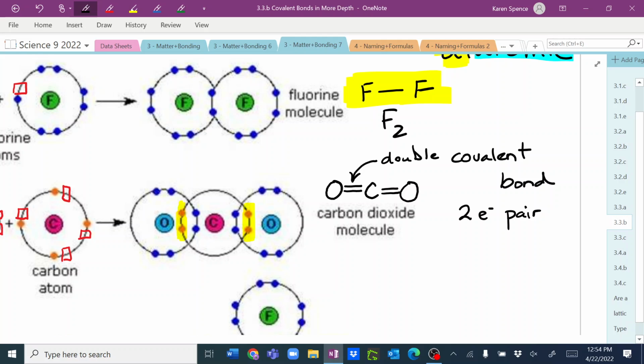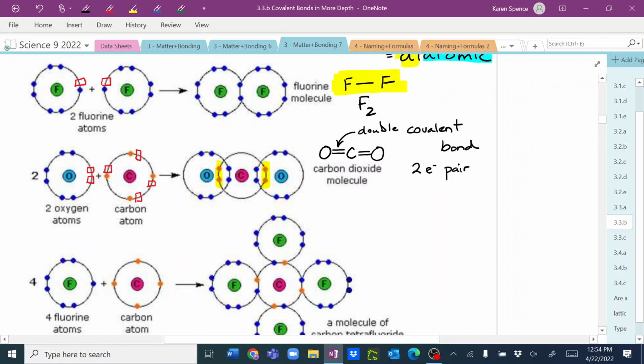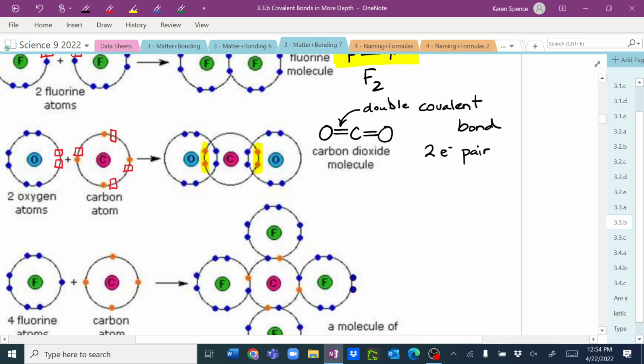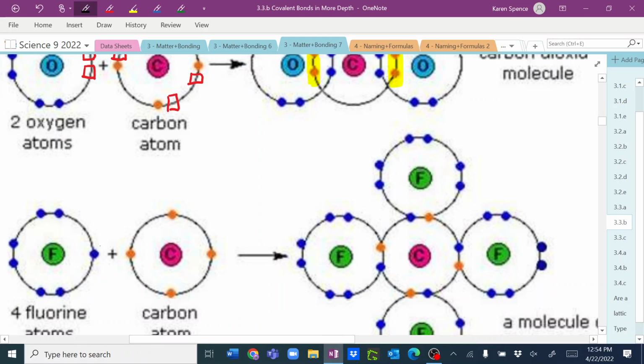And then finally, down at the bottom of the page, we have carbon and fluorine. But you'll notice that fluorine only has one unpaired electron, right? So it can only share one electron, but carbon has 4 holes, yes?